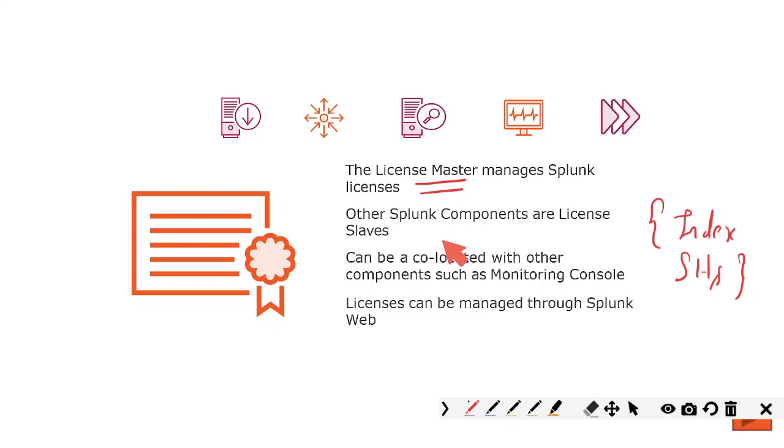It calculates license usage with respect to your daily data ingestion, and it also allocates licenses as per the Splunk component role being performed, for example with respect to the indexer or the heavy forwarder. However, this license master daemon is a lightweight process, and therefore it can also reside along with other Splunk instances like the monitoring console.